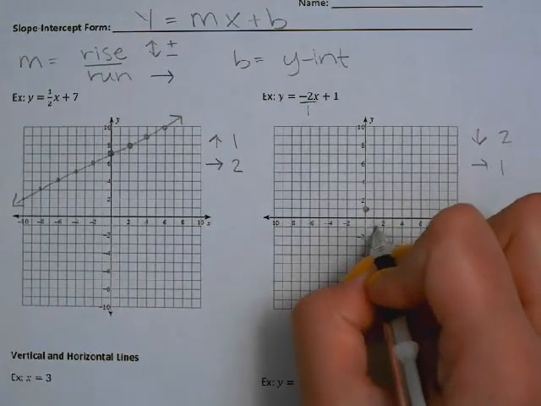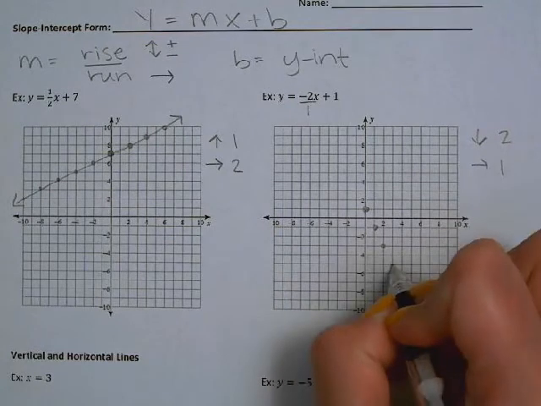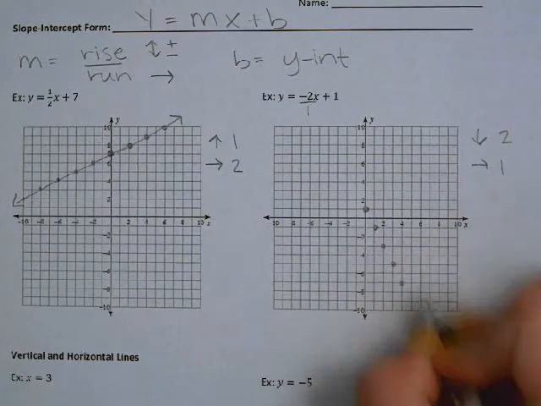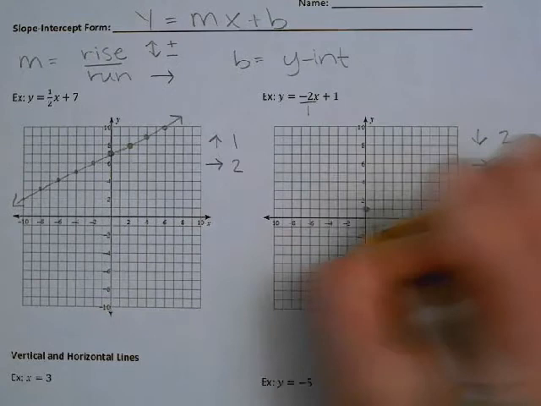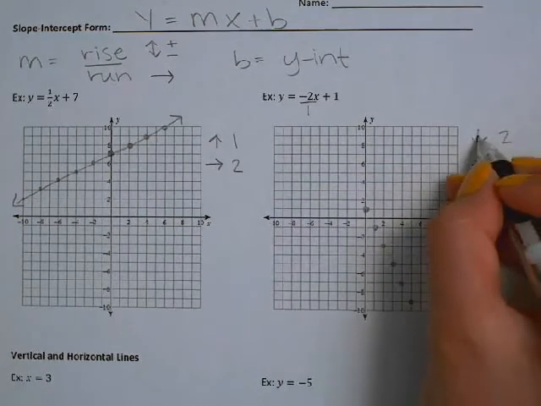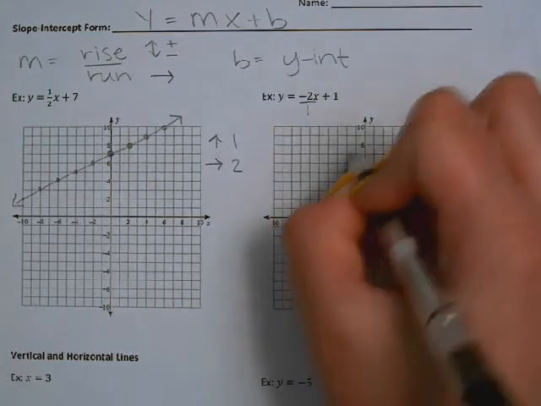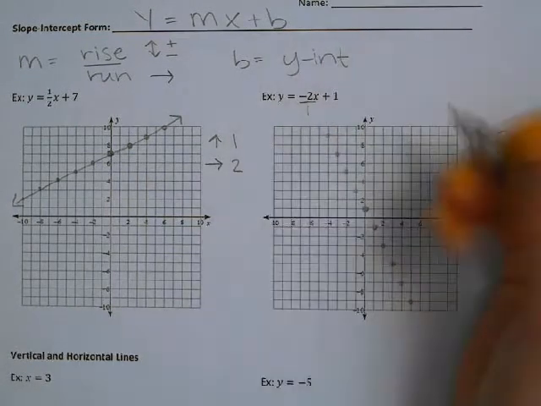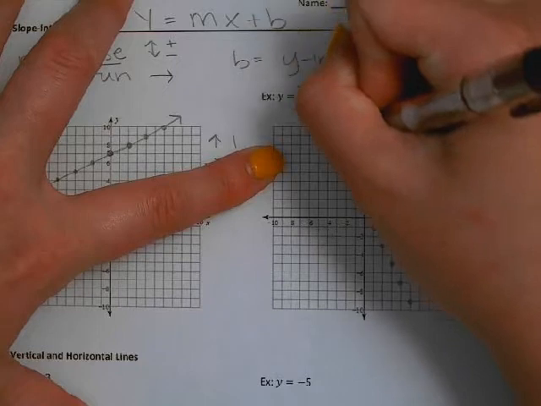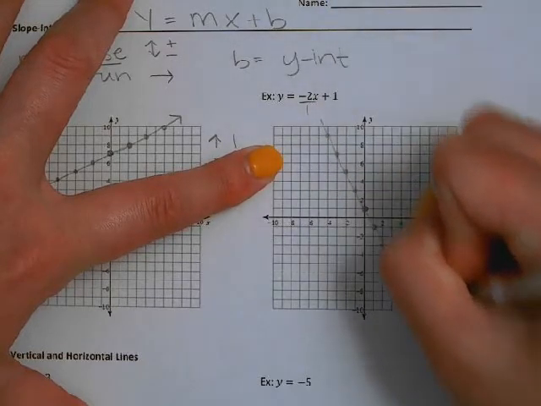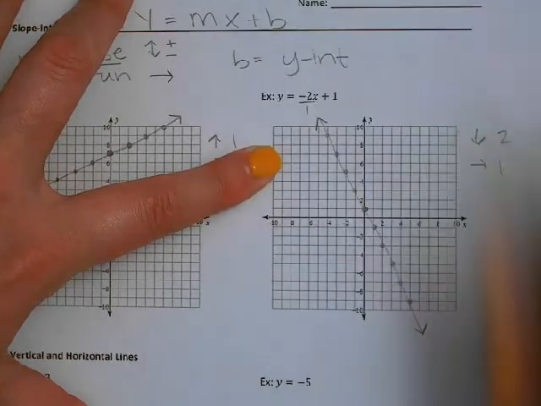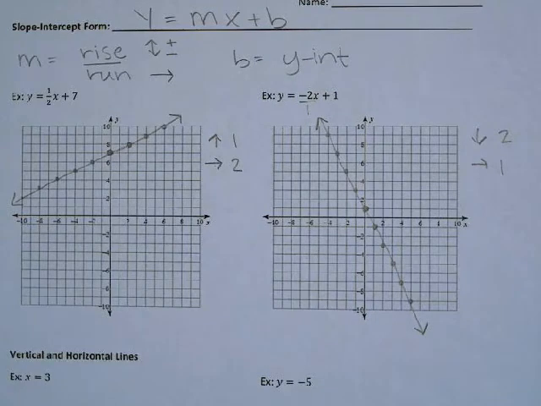Down 2, right 1, down 2, right 1. To go the other direction, we go up 2, left 1. And again, I'm making sure to put arrows on both ends of my line.